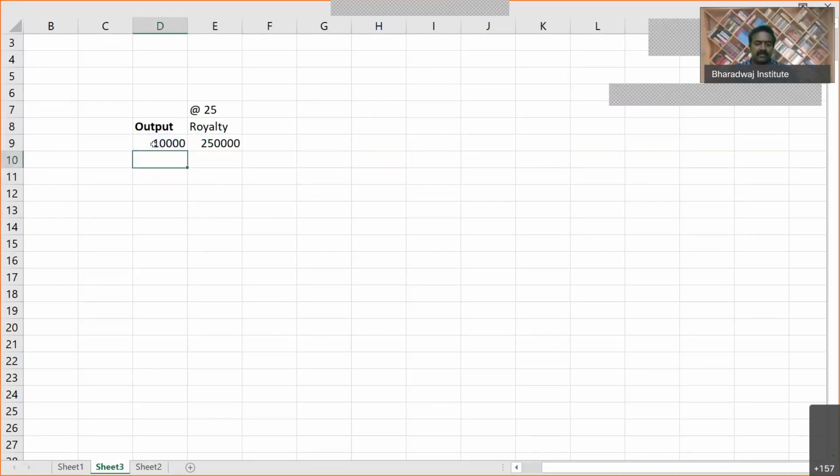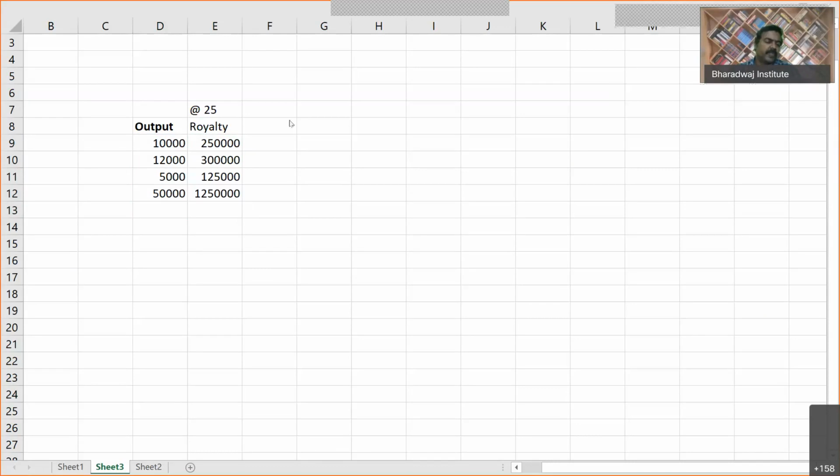If the monthly output is 12,000, the royalty will be 12,000 into 25. If the production is 5,000 units, you pay this much. If the production is 50,000 units, you pay more royalty. So depending upon the output or production or sales volume, whatever you pay, we call it a royalty.